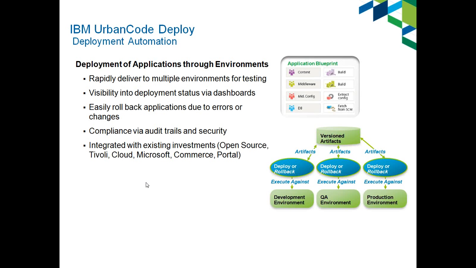So a developer commits a series of changes in Rational Team Concert or into Git or into Subversion. That then triggers off a continuous integration build cycle, and that build cycle can have an additional stage tagged onto the end of it, which pushes the content into UrbanCode Deploy as new versions, and then allows us to initiate a deployment based on that.